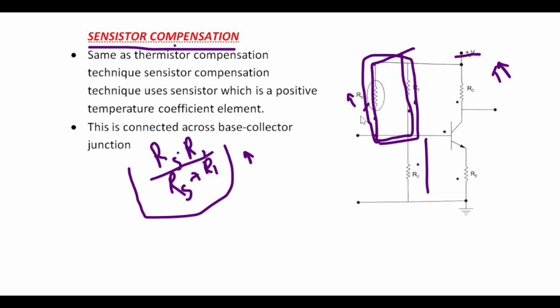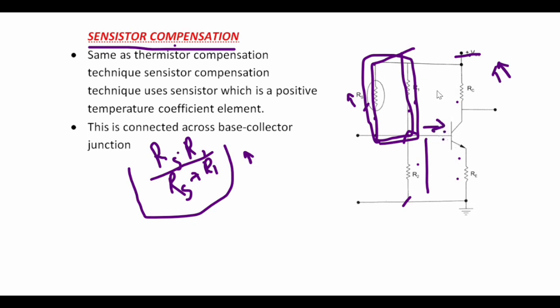More of VCC is dropped across this network, and very little voltage is transferred to R2, so R2 will have very little voltage drop, and this voltage forward biases the base emitter junction. So if the temperature increases, the voltage drop across R2 decreases.